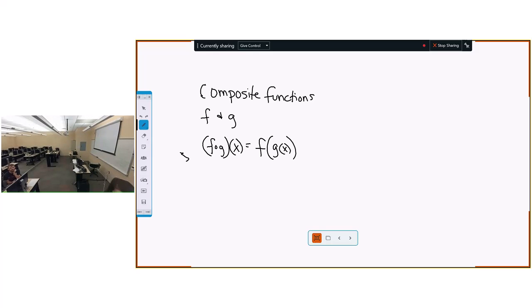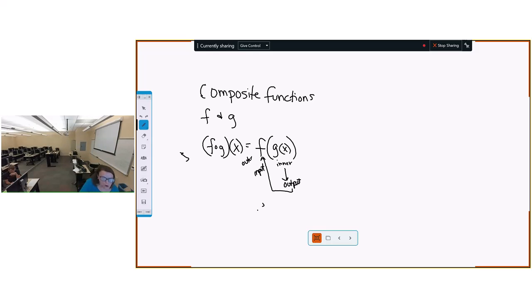So this is the inner function, and this is the outer function, and the output from g becomes the input to f.